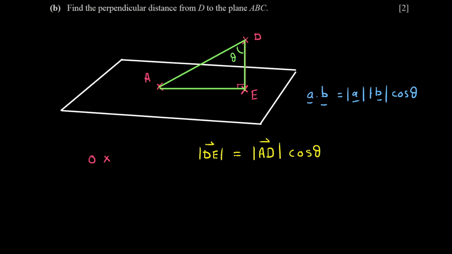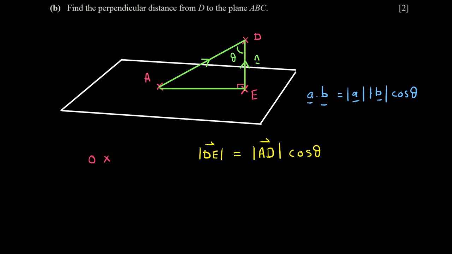So I want a way where I can convert this into a scalar product. Now, how could I do that? Well, the vector AD is that vector there, so let me just draw that on. That's the vector AD, and it makes an angle with this vector here, DE. And DE is the normal vector to the plane. So actually that vector is the same thing as the normal, isn't it?